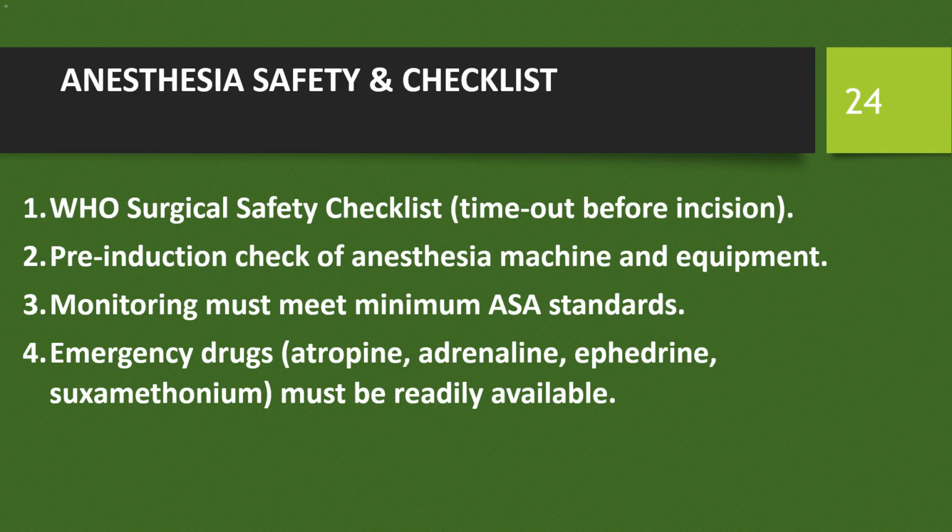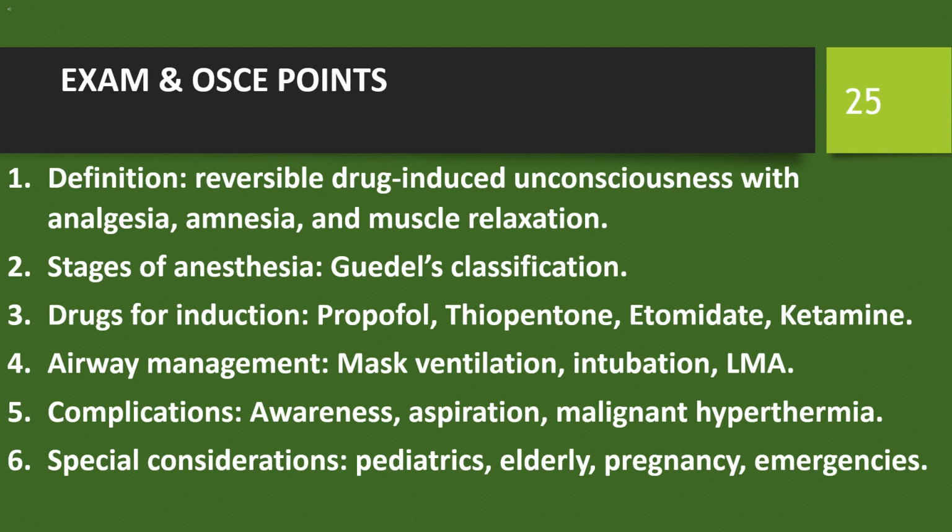General anesthesia exam and OSCE points. 1. Definition of general anesthesia. 1. Reversible drug-induced unconsciousness. General anesthesia induces a state of controlled unconsciousness, allowing patients to undergo surgery without awareness or pain. 2. Analgesia, amnesia, and muscle relaxation.